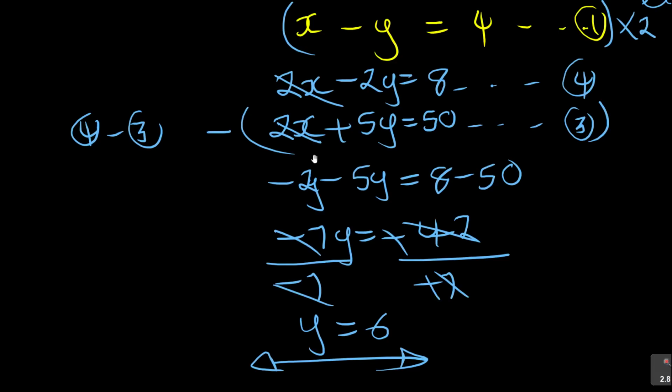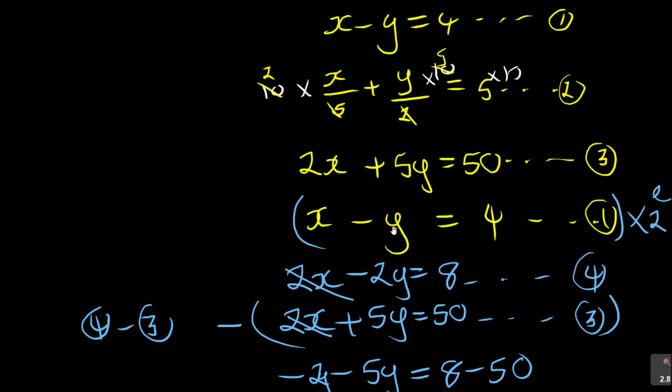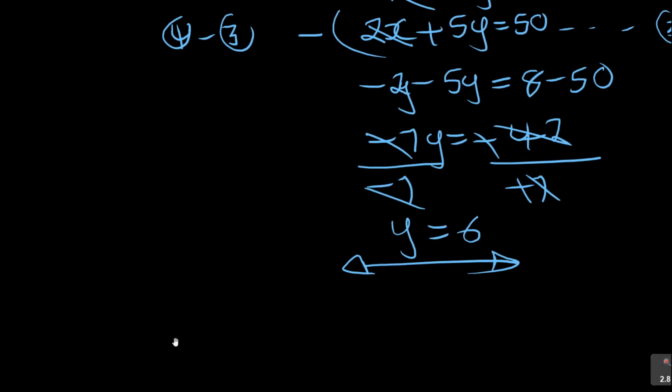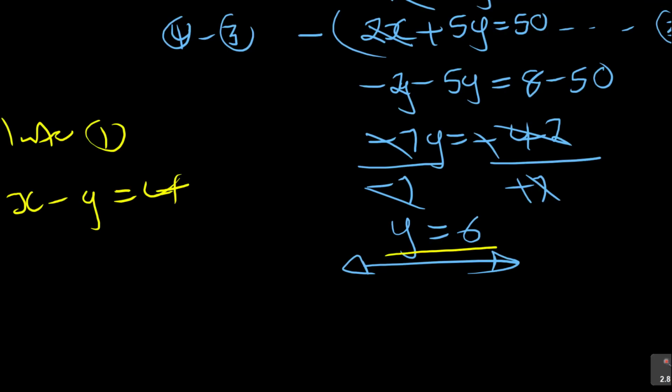I can choose my equation 1, x minus y is equal to 4. So I can go in and substitute into 1, which is x minus y is equal to 4. But I know y is 6. x minus 6 is equal to 4.